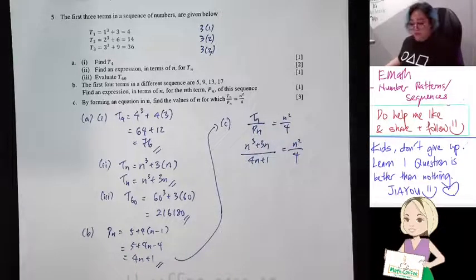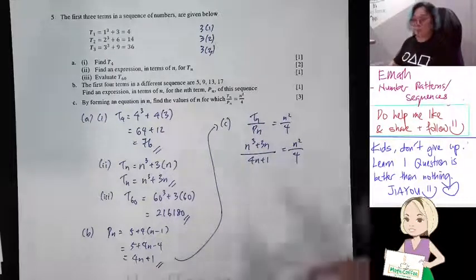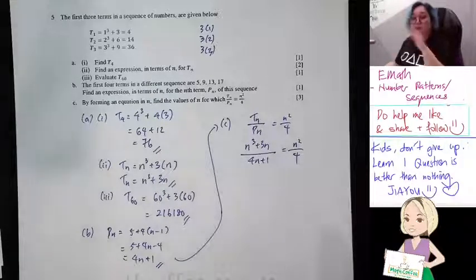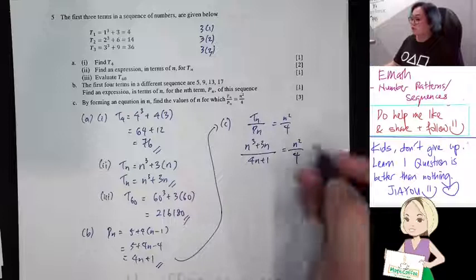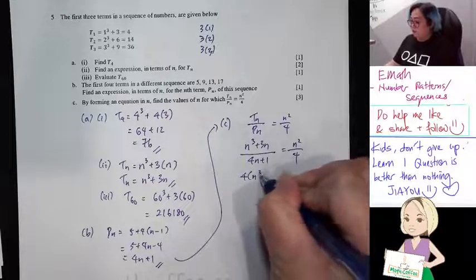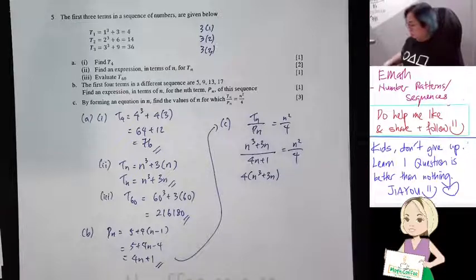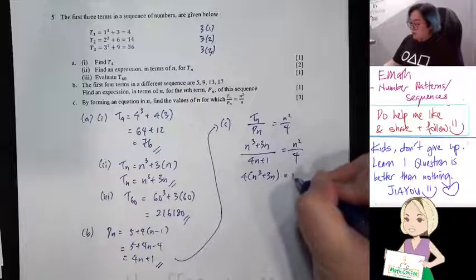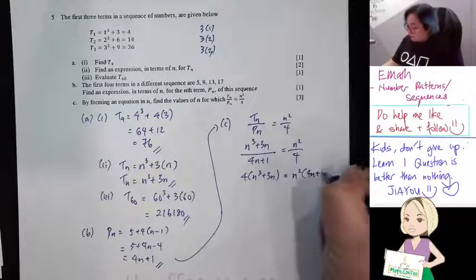So both sides are already a single fraction. So after that, what do you do? Just straight away cross multiply. So I see n cubed. Then how? Don't worry, just cross multiply first and then see how it goes. So cross multiply 4 with n cubed plus 3n, is equal to n squared times 4n plus 1.